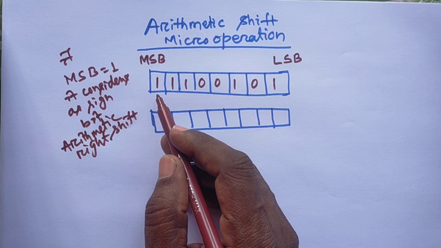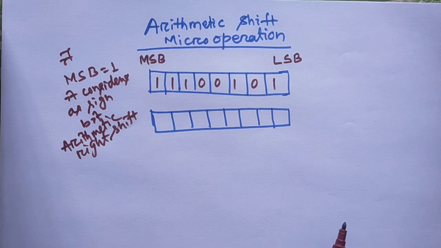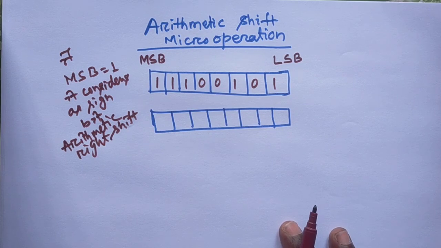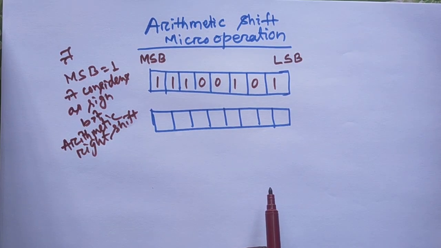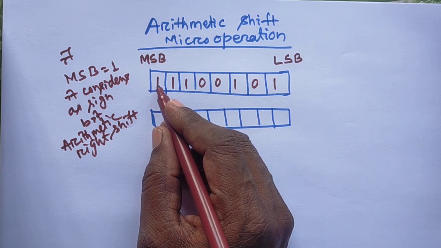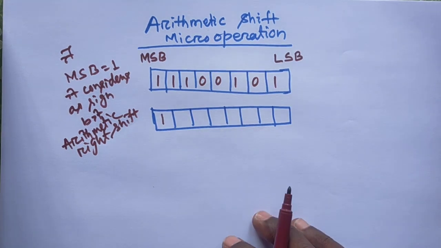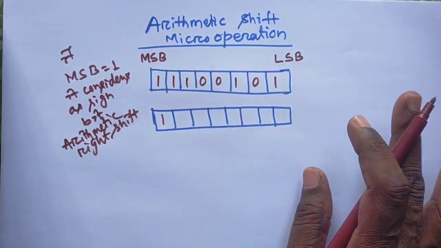Since it is a negative number, we apply a particular technique. Since this is a negative number, the whole number will be negative. Negative is negative, and we will see in which case we consider it positive or negative. Since the sign bit is 1, we keep 1 as it is, because all the numbers will be considered negative, since the MSB is 1. Whenever we shift, all data will be shifted as a negative number.